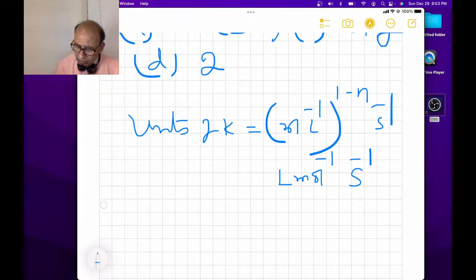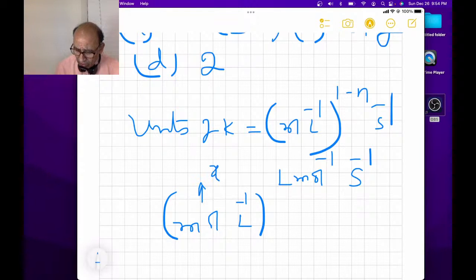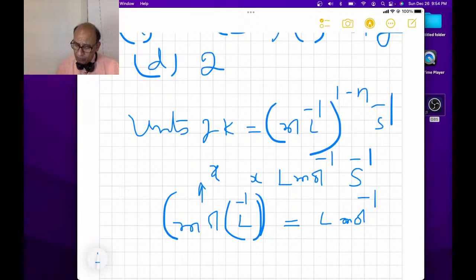Notice moles per liter. Here, mole to the power x, liter to the power minus x, if you think like that, is equal to liters per mole. It implies x value must be equal to minus 1.